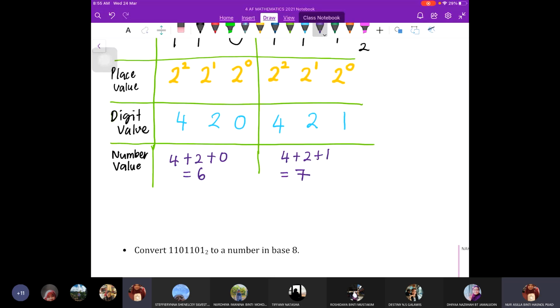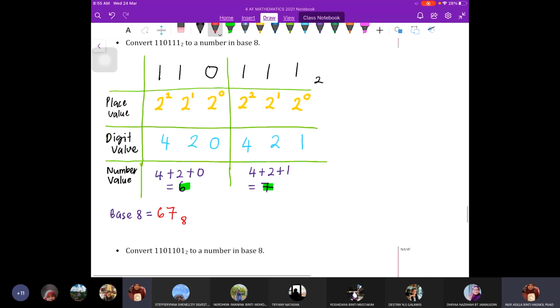So jadi kita punya base 8 will be 6 and 7. 67 base 8. Itu sahaja. Simple tak? So jadi 110111 base 2 is actually 67 base 8. Okay. Itu je.